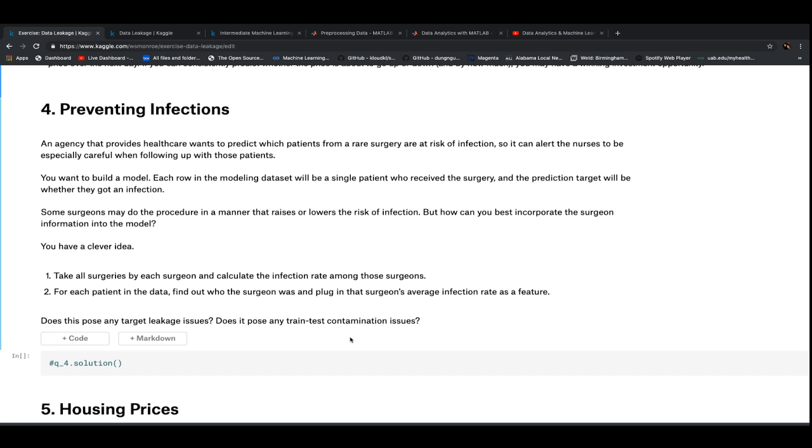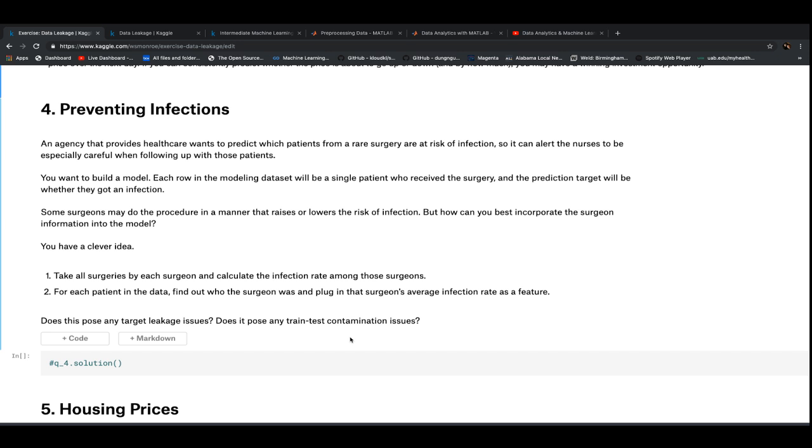Let's see. So that's a lot of information to take in at the same time. It is, and one of the things that makes me concerned about that particular model is there may be other data related to which surgeon is running that is captured by that particular surgeon that may not be captured in total.